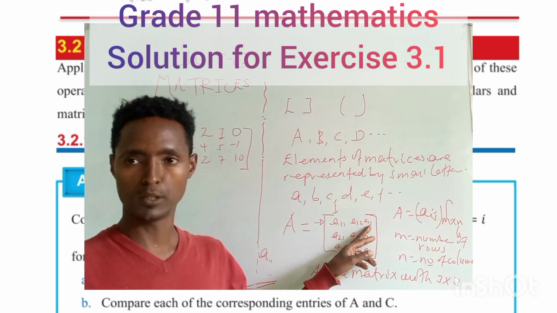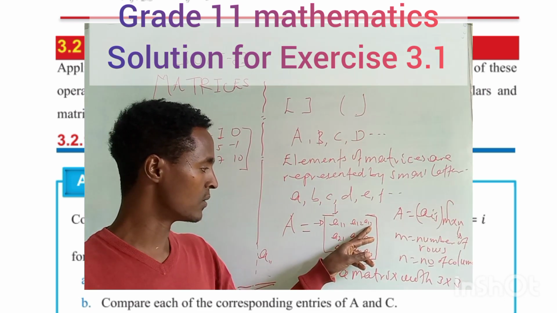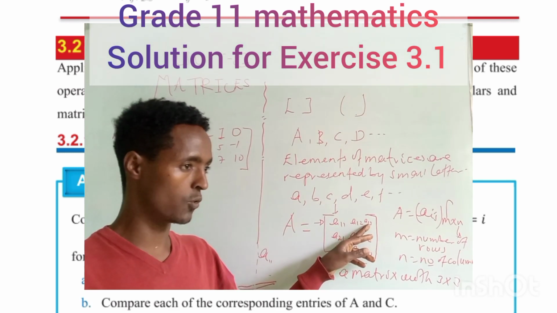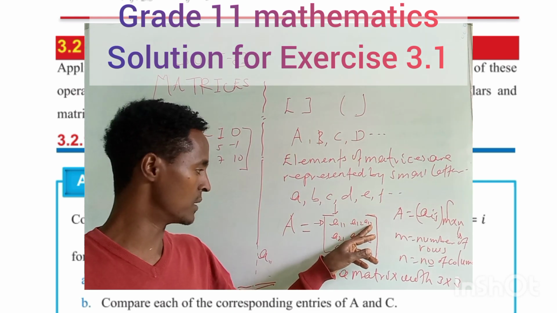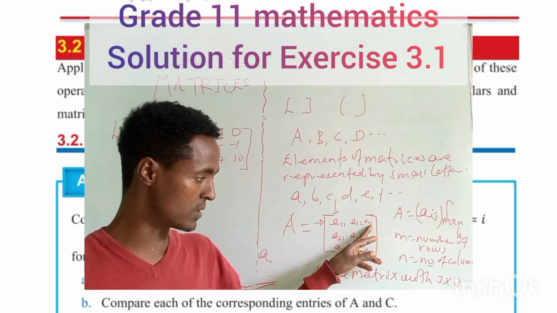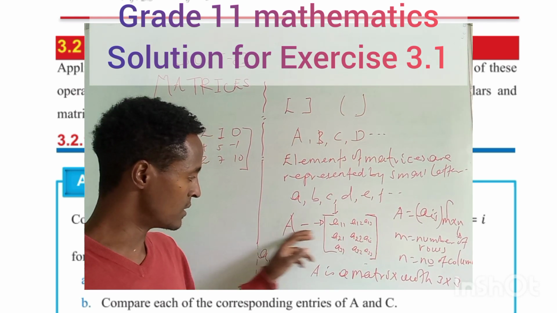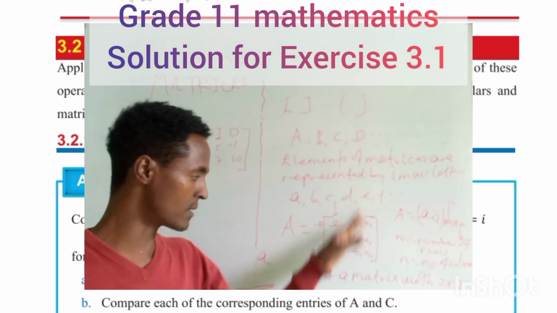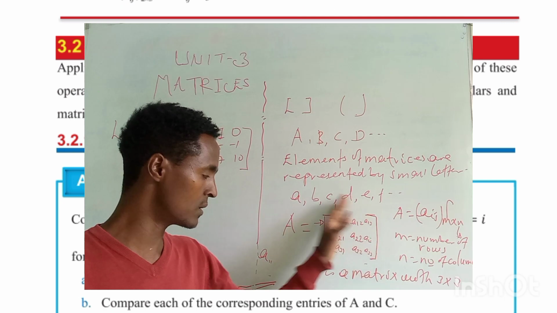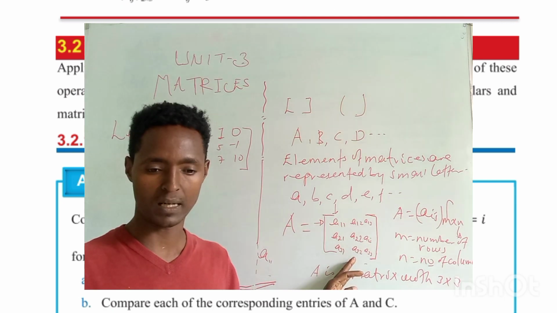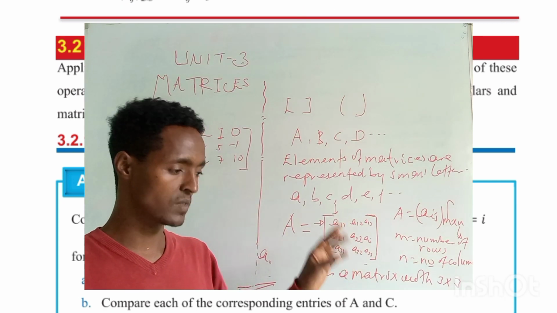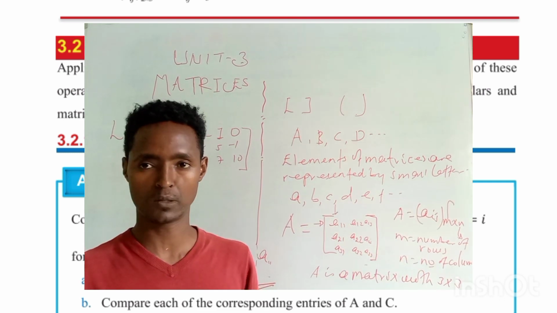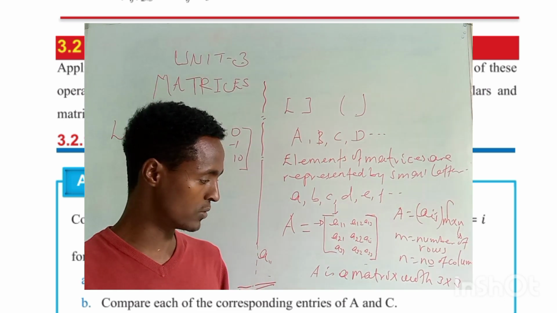This is an entry A13, where 1 stands for the number of rows and 3 stands for the number of columns. Therefore, it is found in the first row and the third column. Similarly, all entries in these brackets have their own names based on the row and column assigned to them.